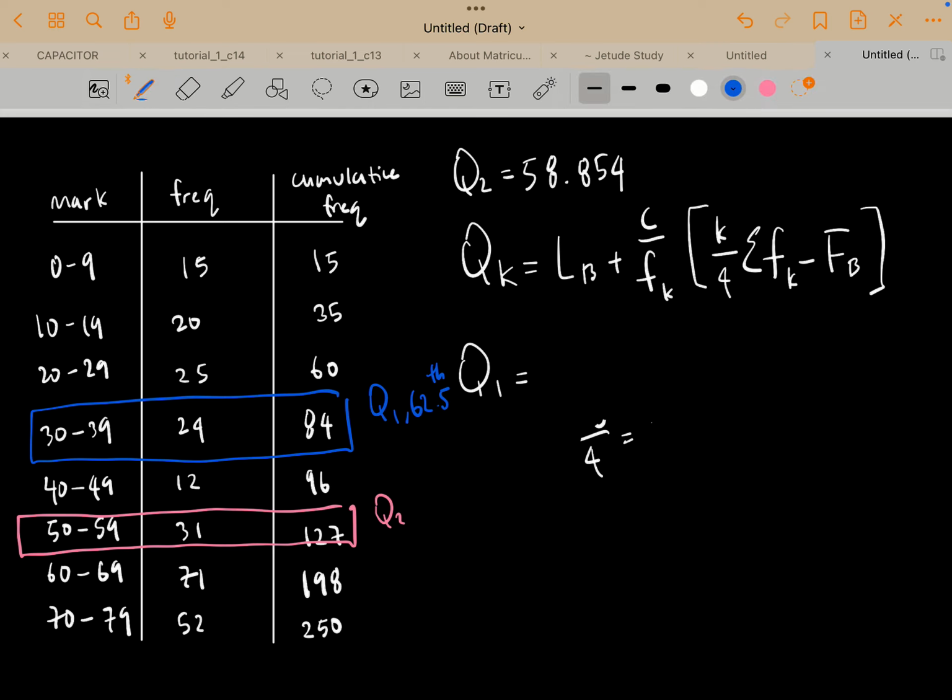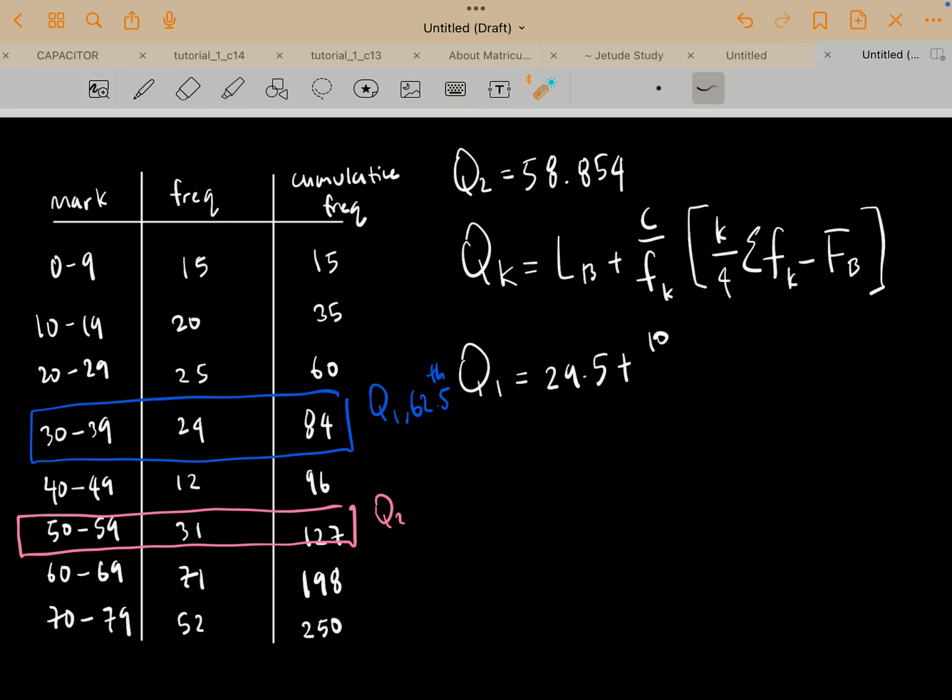What is the lower bound of that class? The lower bound is this, 29 plus 30 divided by 2, so that's 29.5. C is the same, it's 10.